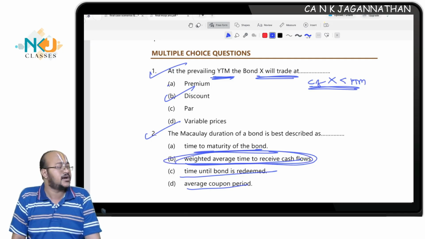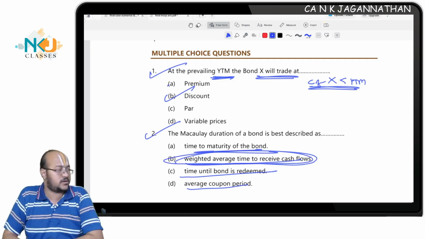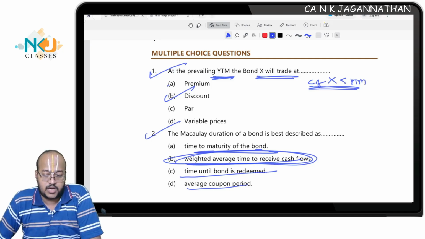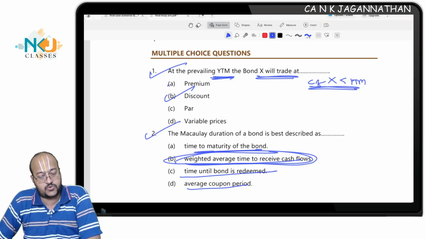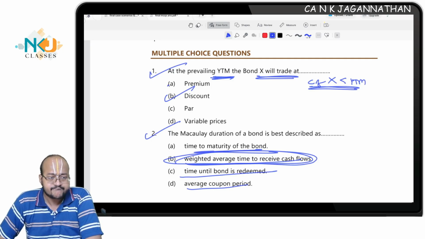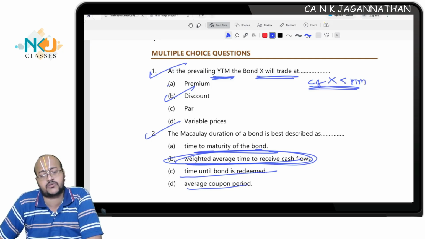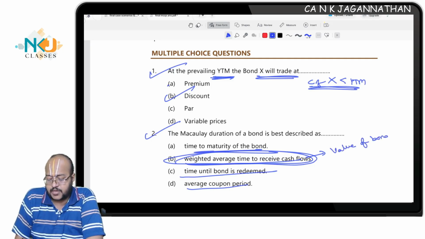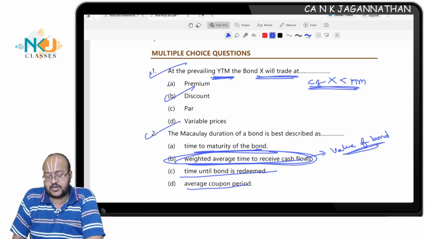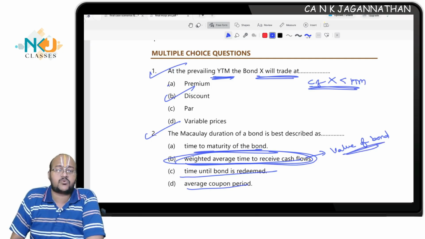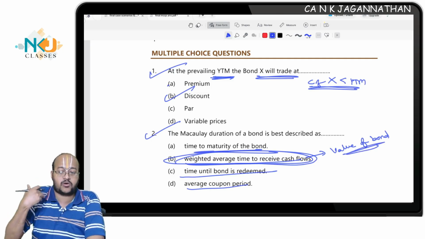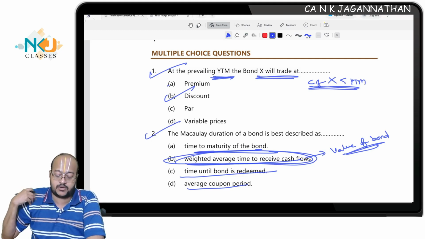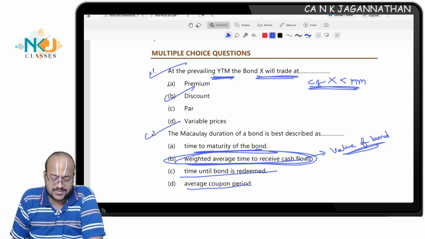It is not receipt of cash flows, it is recovery. It is the weighted average time taken to recover the principal portion of the bond, or to recover the intrinsic value of the bond. Just simply put, receive cash flows is not correct.